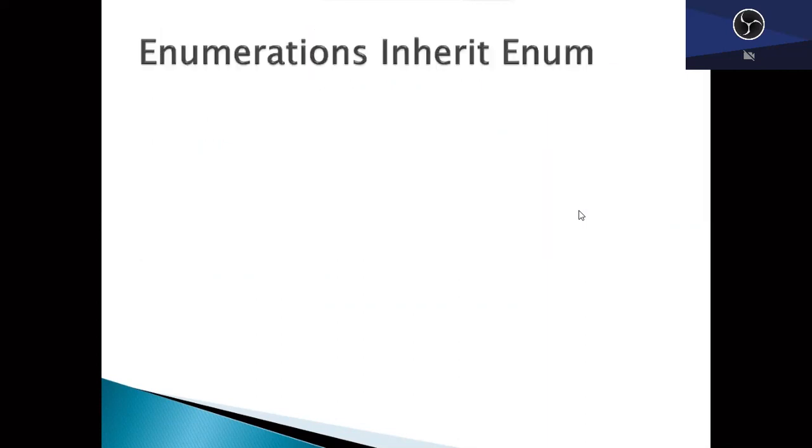Finally, before we end, just one line about enumerations and inheritance. We have seen that all classes inherit from the Object class. But enumerations don't inherit from the Object class because an enumeration is not a class. It may be a class type, but it is not a class.